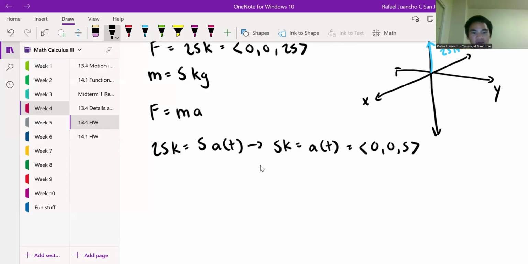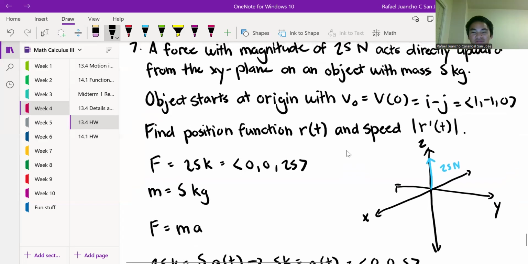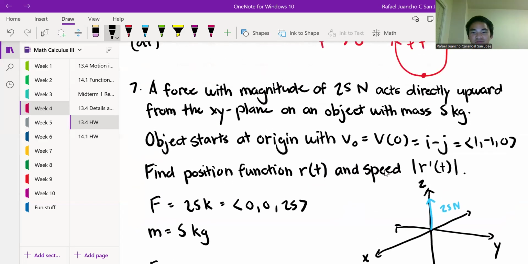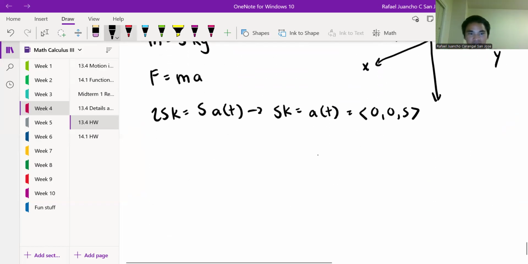And then from there, we want to get our velocity. And then that's how we're going to get our position function as well. We can get the speed. So okay, let's integrate.